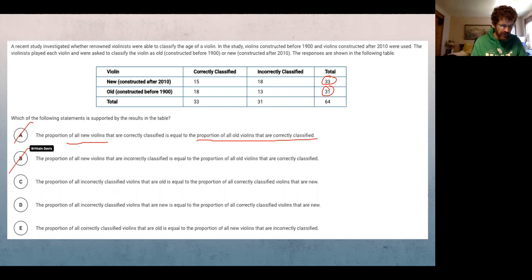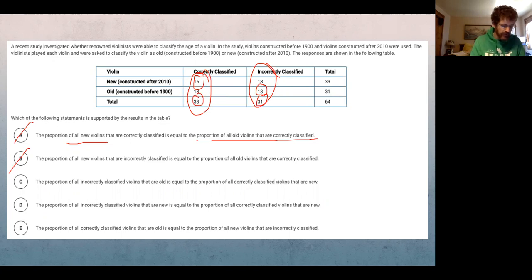The next one, and I'll do it faster now. Proportion of all incorrectly classified violins that are old, 13 out of 31, is equal to the proportion of all correctly classified violins that are new. So that's 15 out of 33. Again, it's going to be close, but not the same proportion.